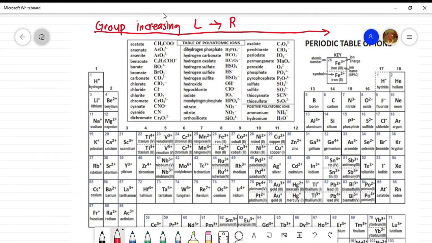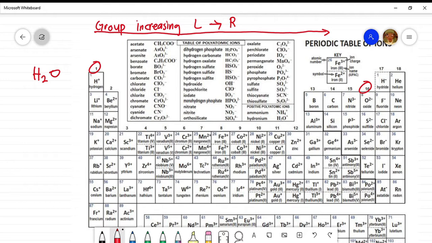So let us write first the element with a lower group number. In this case, for H2O, we write the H first since the group number for hydrogen is lower than the group number of oxygen. So H comes first since it has a lower group number.